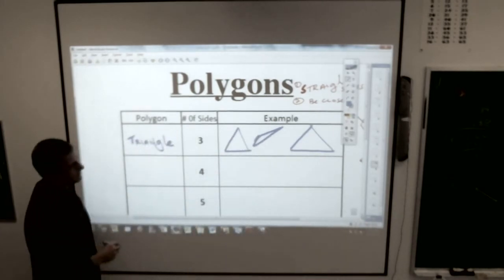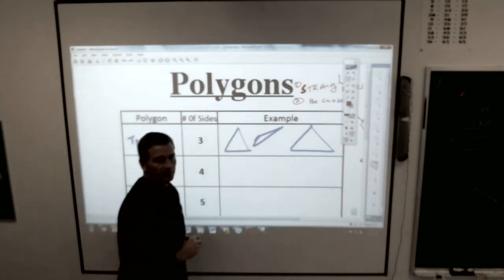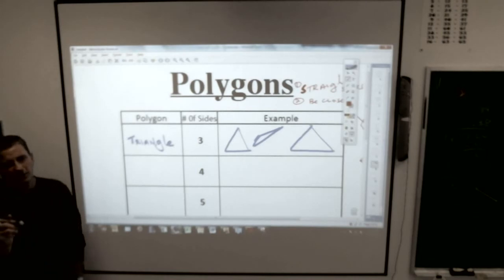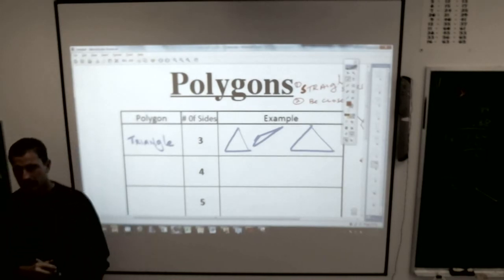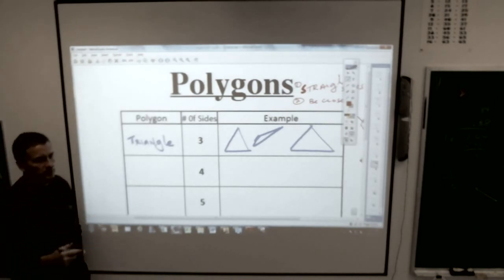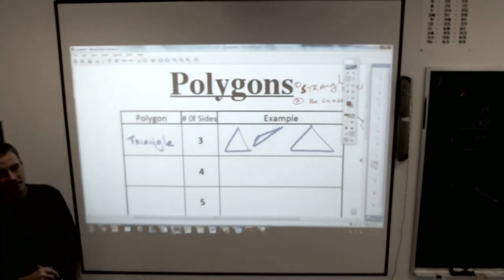Here's the one where I always get some interesting answers. How about a 4-sided polygon? I'll go multiple colors here. 4-sided polygon. Anna? Square? No. I need the official name of it. A square is a 4-sided polygon, but there is a global name that fits for every 4-sided shape. Every. Connor? A trapezoid is a 4-sided polygon, but that's not the global one.